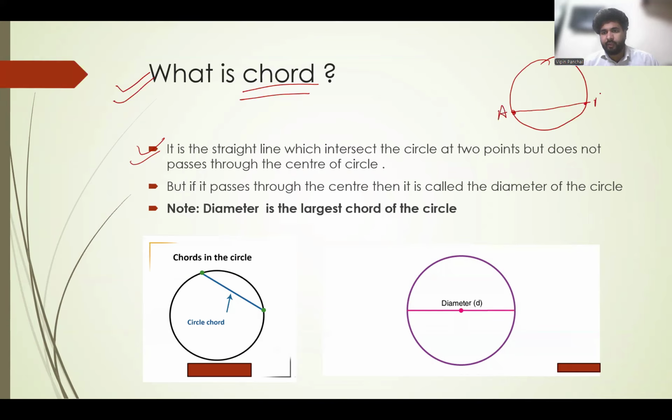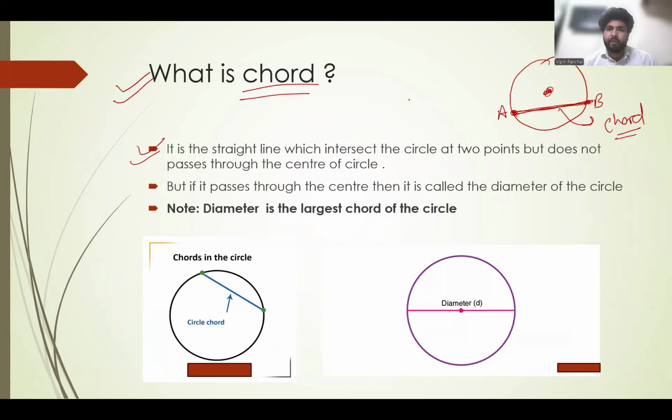Let A and B be the 2 points where the line intersects the circle, and this is the center. So this line intersects the circle at 2 points but does not pass through the center. So this line is known as a chord.